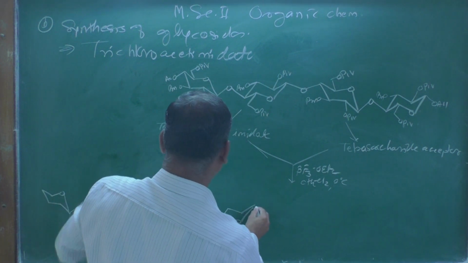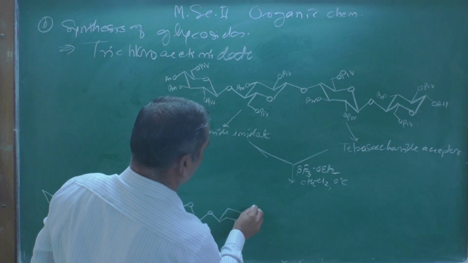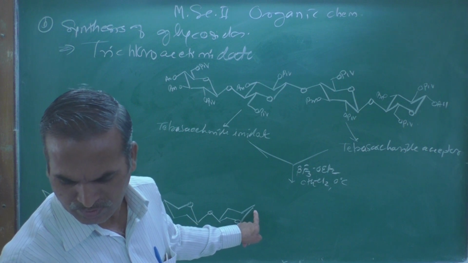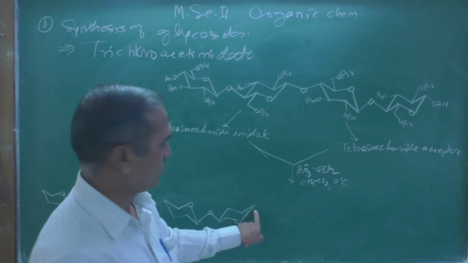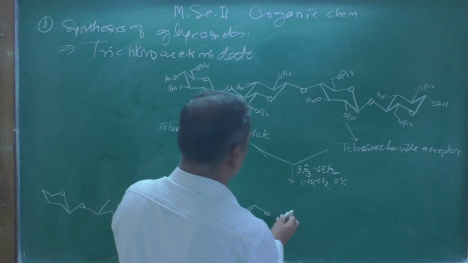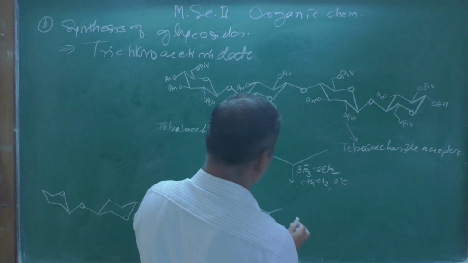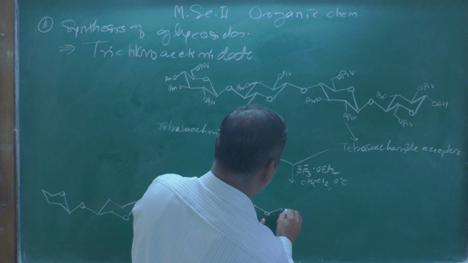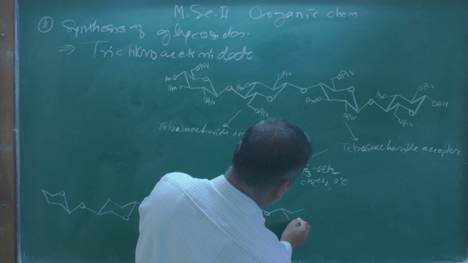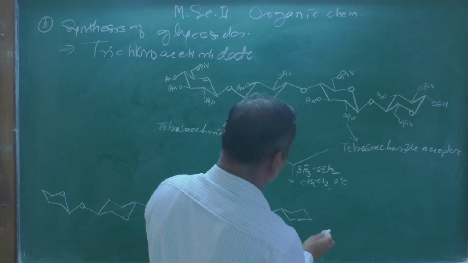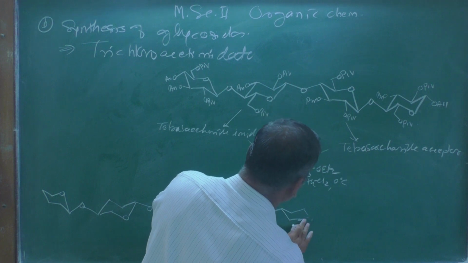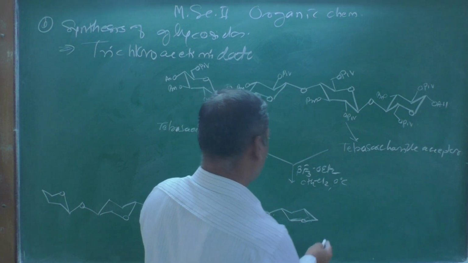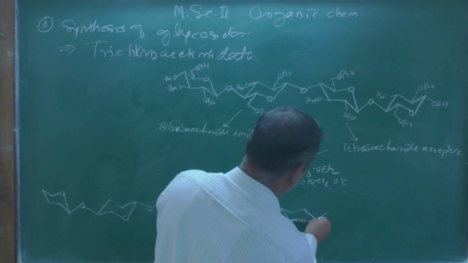Here is a 4, and now here once again 1 2 3 4, and once again there will be this one, and what do you get? You are going to get this structure over here.